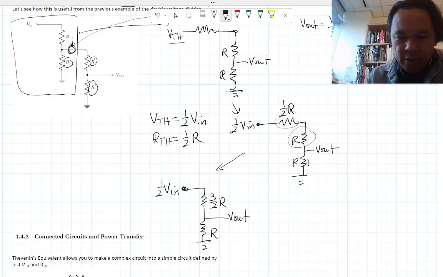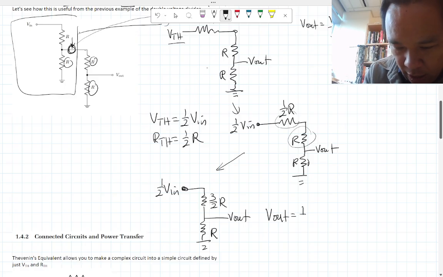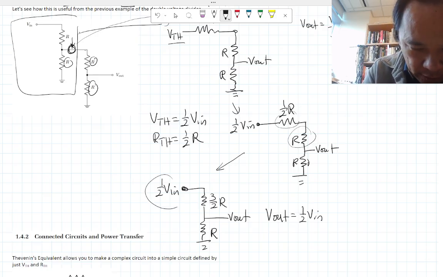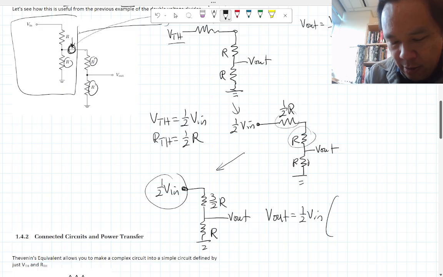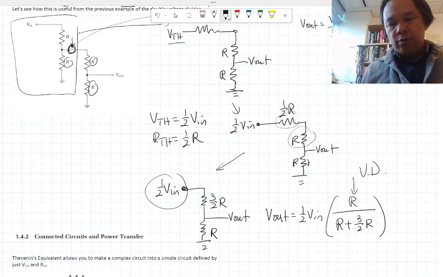Now this is just a simple voltage divider that you can apply. V out is not V in, it's 1/2 V in, because you started with 1/2. This is the bottom resistor divided by the bottom resistor plus the top resistor. This is the voltage divider equation as usual.